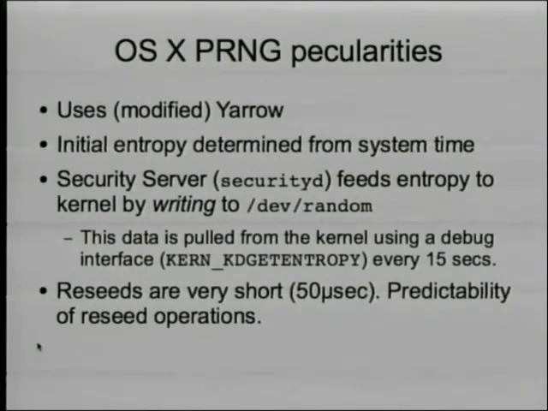And how they do this is kind of backwards, because they have a security server, that's what it's called, running in user space, which feeds entropy to the kernel by writing to /dev/random. Now, this security server, in turn, gets this entropy from where? Oh, the kernel. And they do that through a debug interface, which is kind of funny. They do that every 15 seconds.